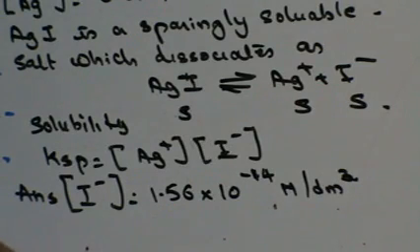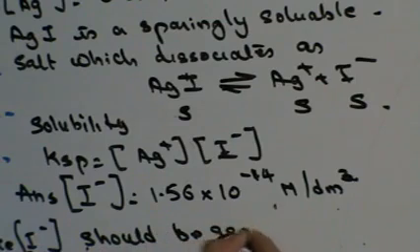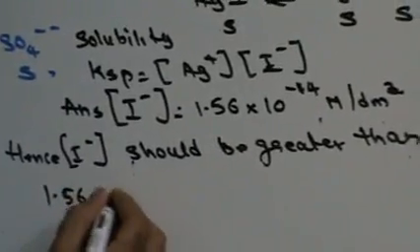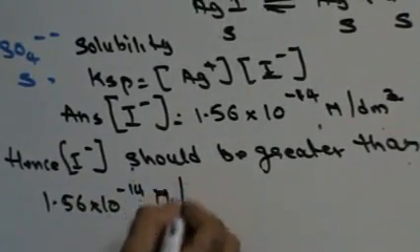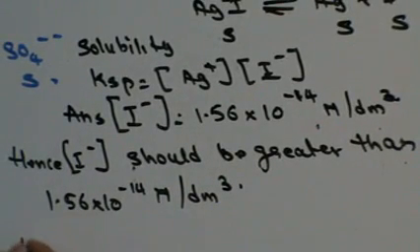You will say hence iodine ion concentration should be greater, since I want to precipitate, greater than 1.56 into 10 raised to minus 14 moles per decimeter cube, right? Next, take the next one please.